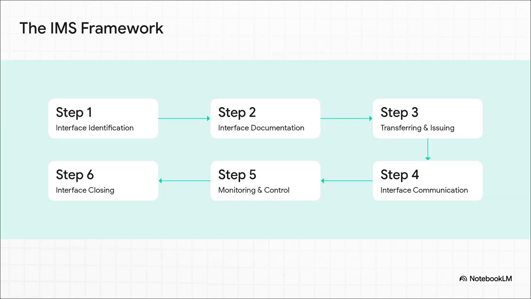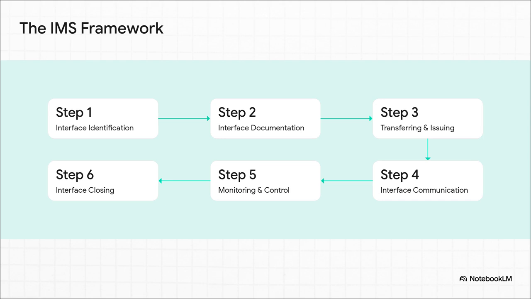This framework follows a really logical 6-step process. It all starts with step 1, identification. You have to find all the interfaces, or as many as you can, as early as possible, because you can't manage what you don't know exists, right? Then comes step 2, documentation. You write it all down, make it official. Step 3 is all about transferring that information and issuing the right packages to the right people.